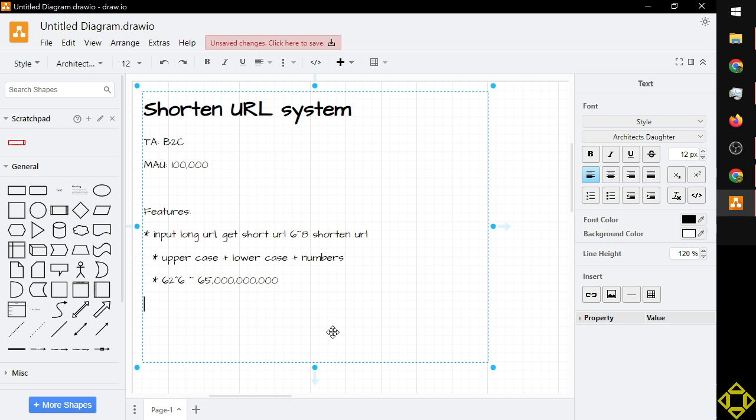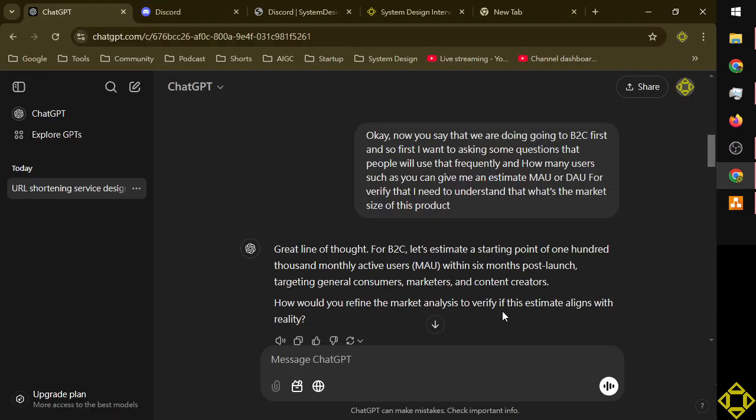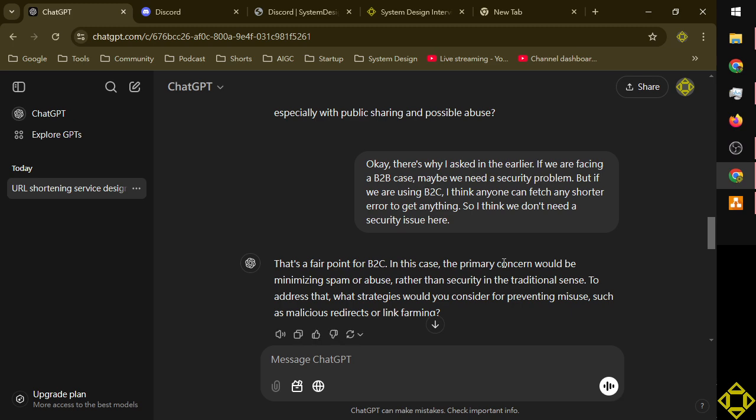The storage time for the URLs, he said, will be 6 to 12 months. So also it will have some features. What we asked about our features and shorten URLs.